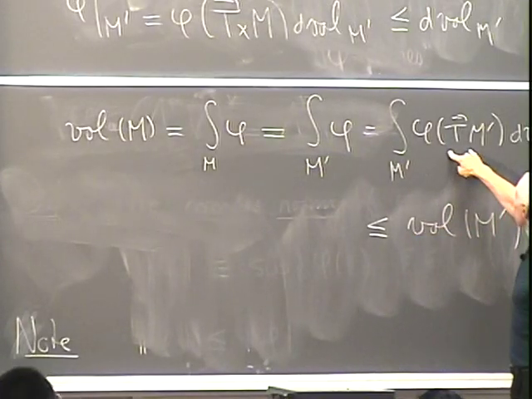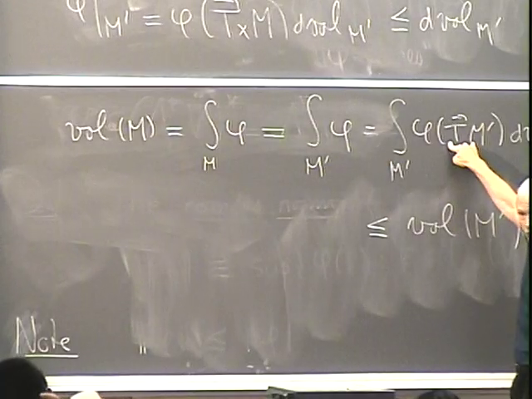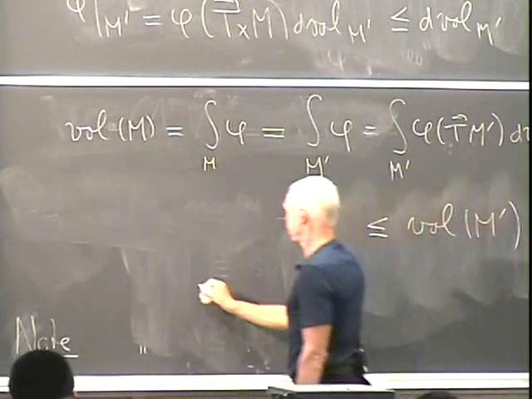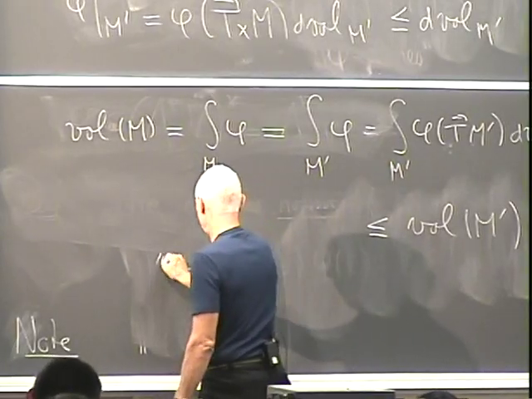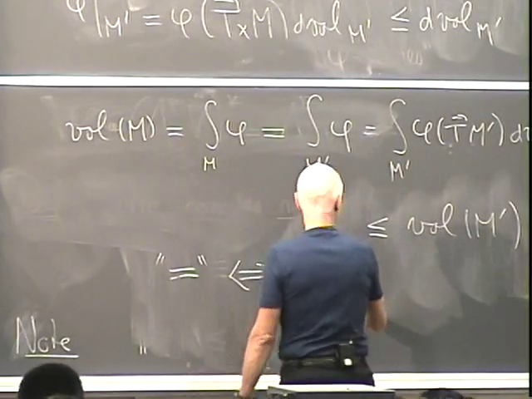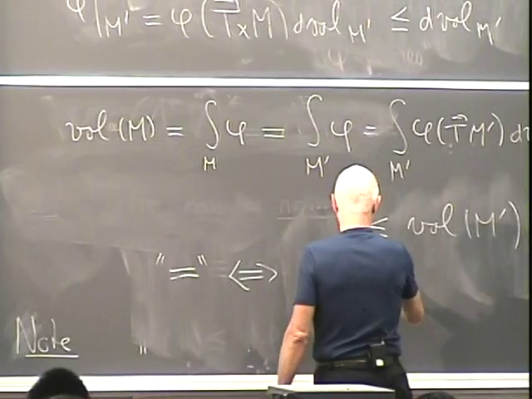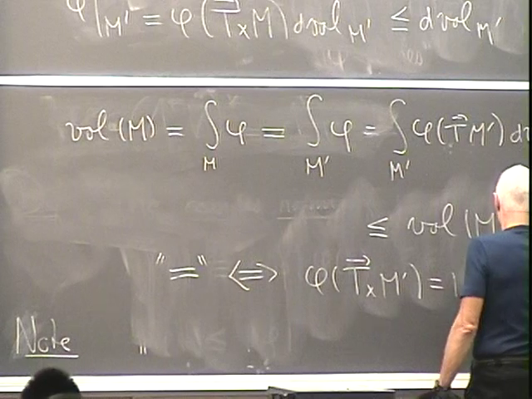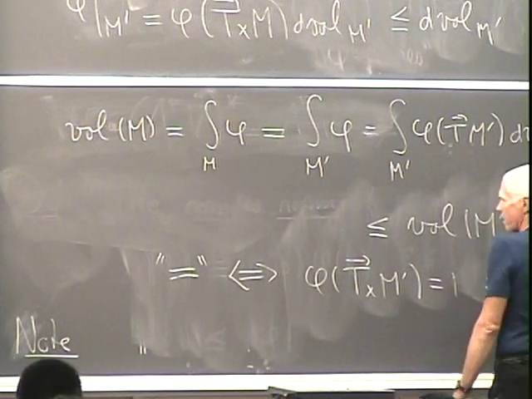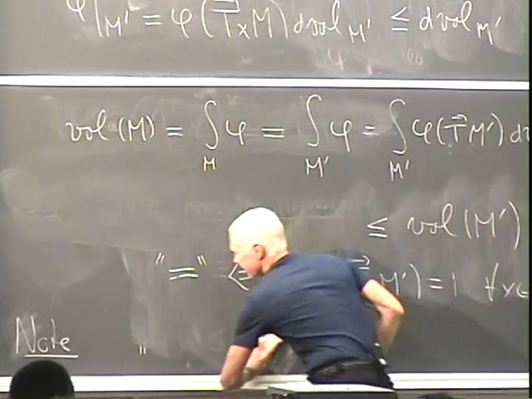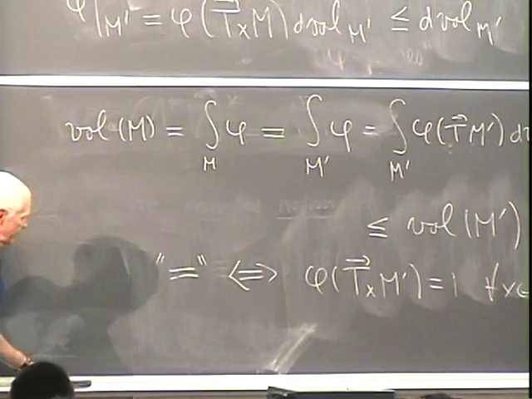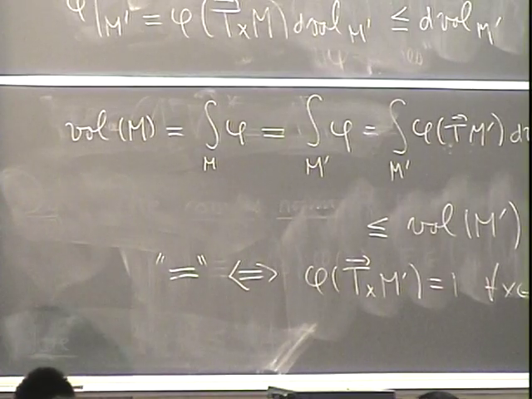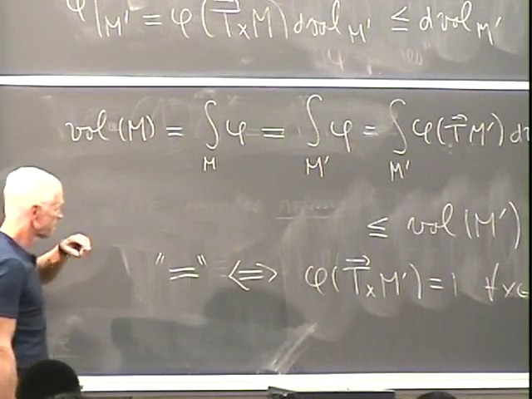But furthermore, you're only going to get equality here if this is 1 everywhere, because this is always less than or equal to 1. So equality holds if and only if phi is equal to 1. All right, this is a smooth submanifold. And that's it.